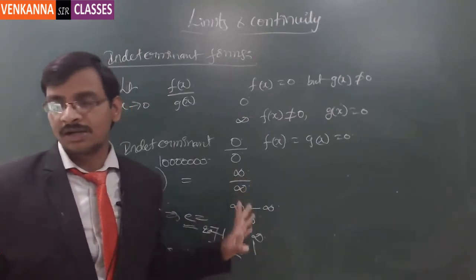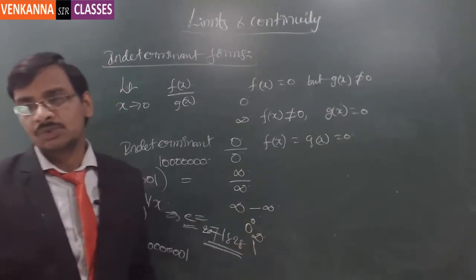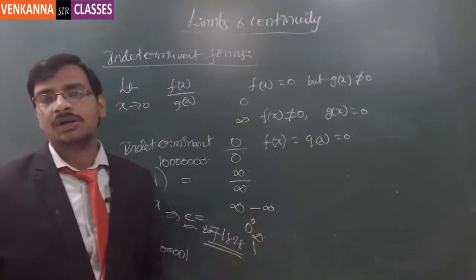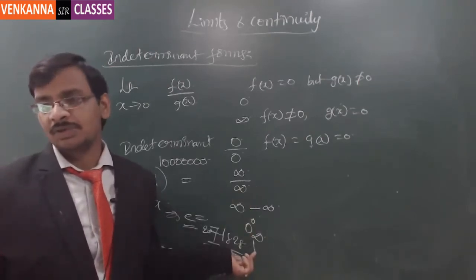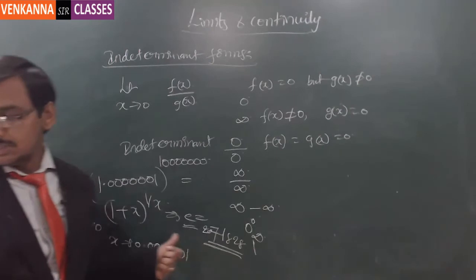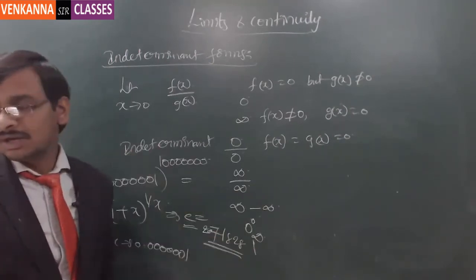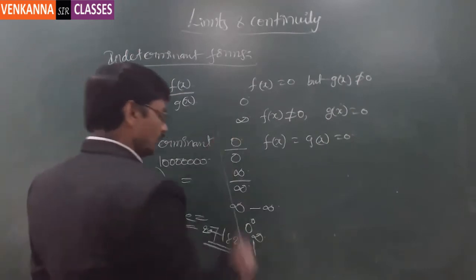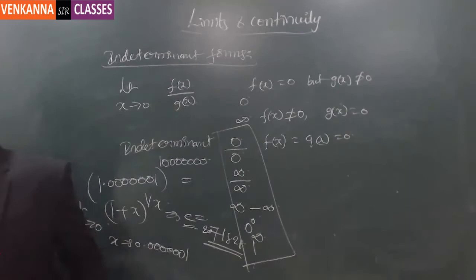For all practical purposes you can treat it as 1, but for limits you cannot, because the nearest value is what we are trying to count there. Hence, if you multiply infinite number of times, there will be a definite value, which is going to be e. Got it? So this also you cannot treat as the normal form. All these forms we call indeterminate forms. You can note this down.